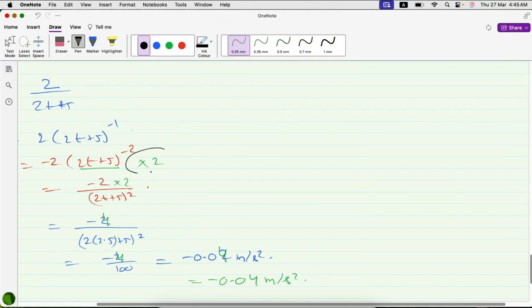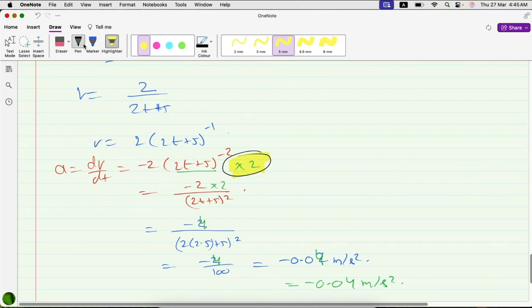Do you understand where this 2 is coming from? When we differentiate, I forgot that 2. Velocity was 2 into (2t plus 5) to the power minus 1.